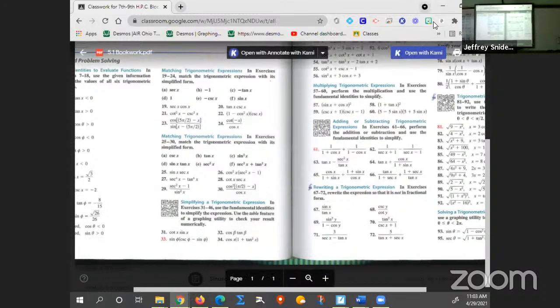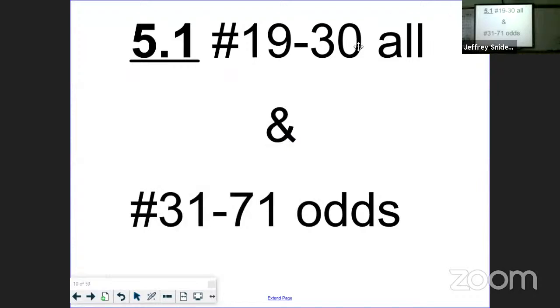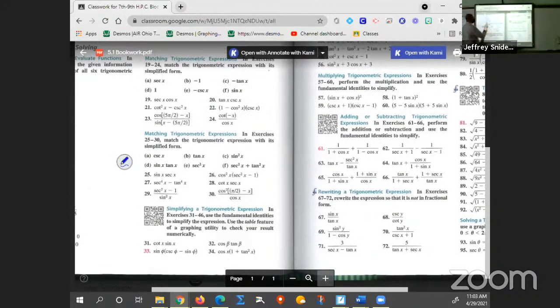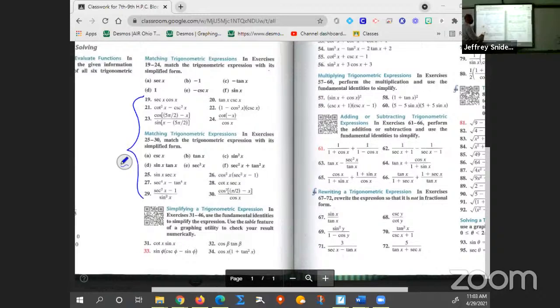Okay, so let's look at what the assignment was. The assignment I gave you was 19 through 30 all to start. So let's go back and look at what 19 through 30 are asking you to do. It says match the trig expression with its simplified form.